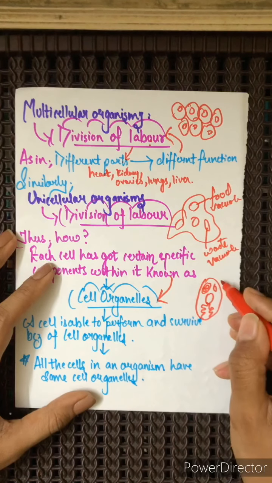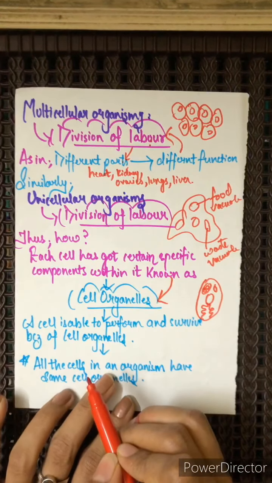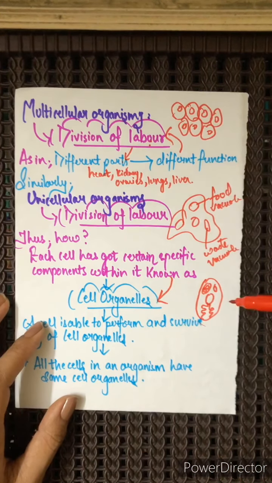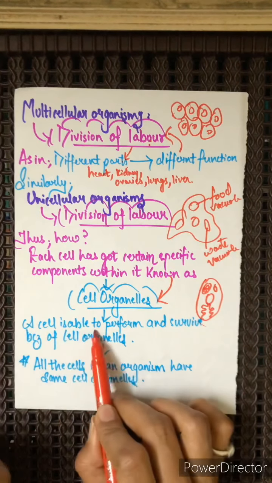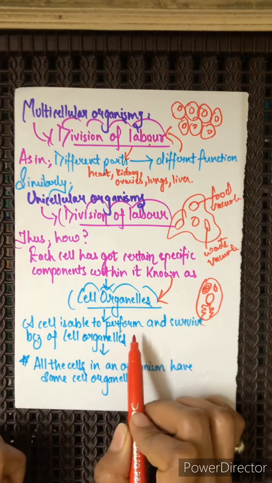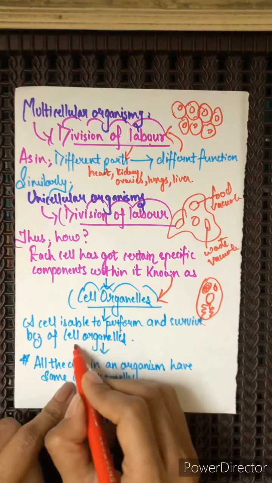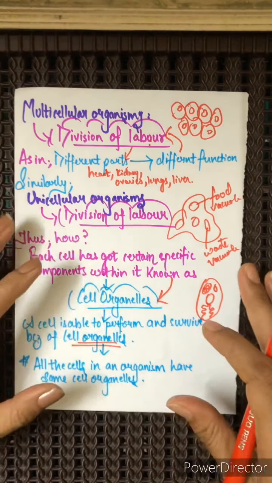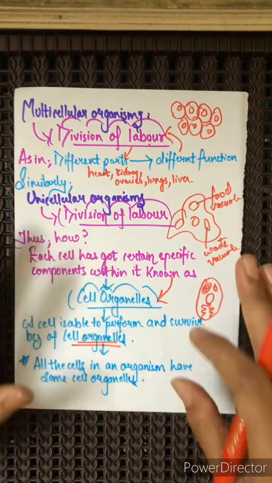So various components, yes, and those components are nothing but the cell organelles. So a given cell, whether in a multicellular organism or a unicellular organism, is able to perform all the activities and to stay alive just because it has various cell organelles. So in this chapter we are going to study all the cell organelles of a given cell.